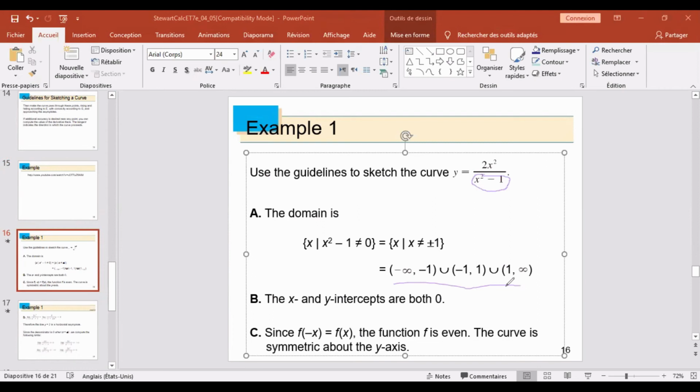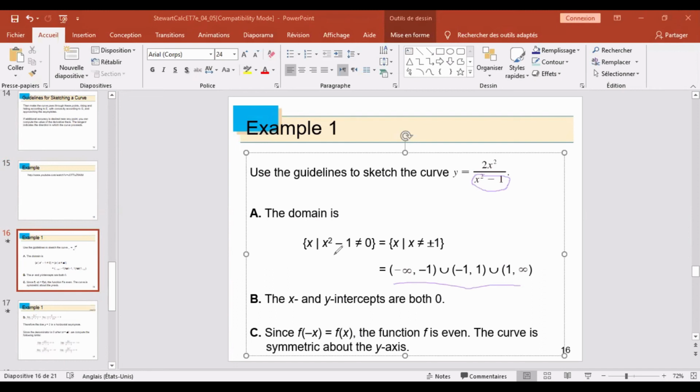Step 2, what is the x-intercept and the y-intercept? Okay. When x equals 0, f of x equals 0, and when y equals 0, then x equals 0. That's why the x-intercept and the y-intercept are both 0.